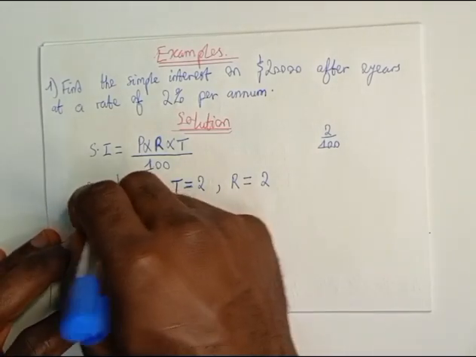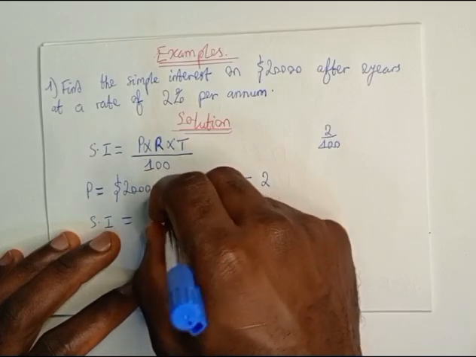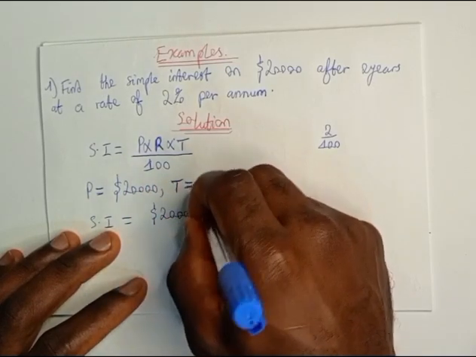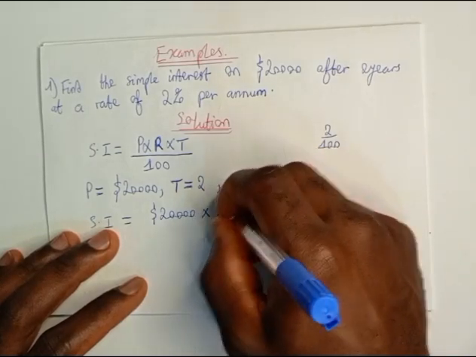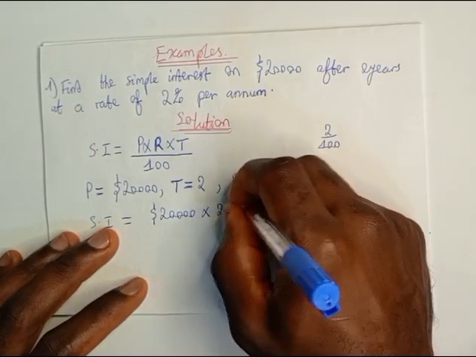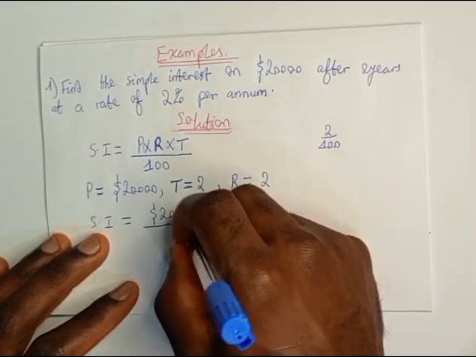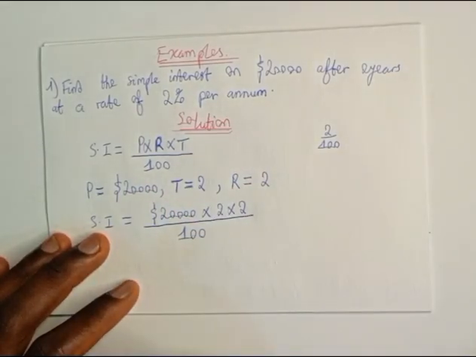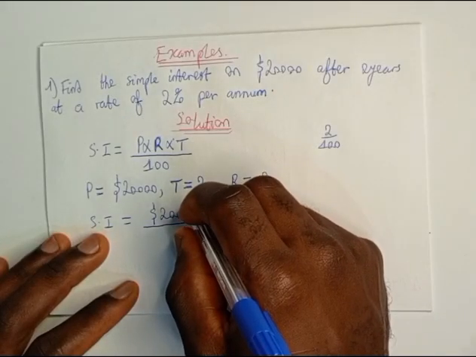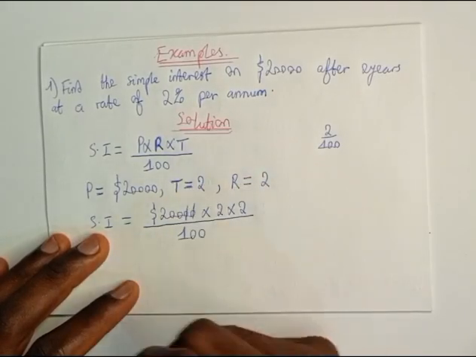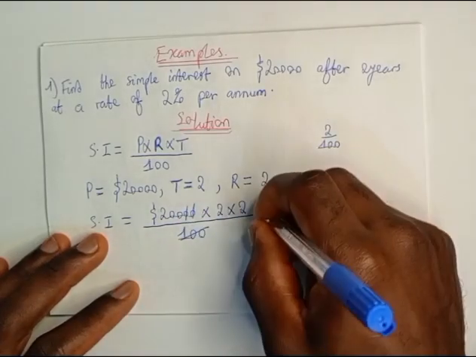In setting the values, our simple interest will simply be $20,000 times the value of the rate R, which is 2, times T, which is 2. We divide by 100. 100 will go into 20,000 200 times. 100 divided by 100 gives us 1.